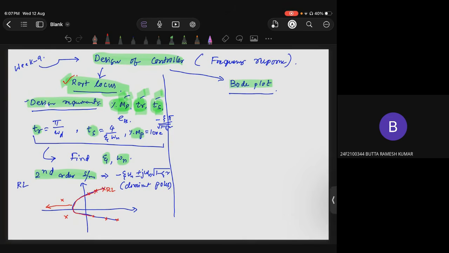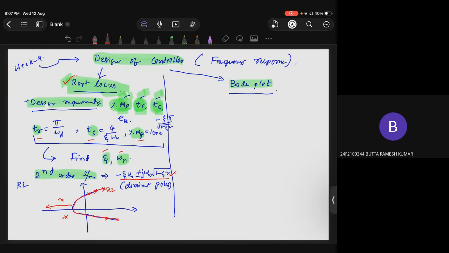You have marked poles a little aside from the root locus, right? Now, these are dominant poles. This came from this equation. Dominant poles are not exactly poles that lie on the root locus. The dominant poles came from zeta and omega n, which came from the formulas of TR, TS, and MP.